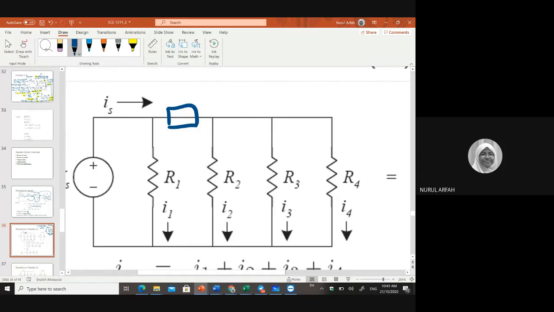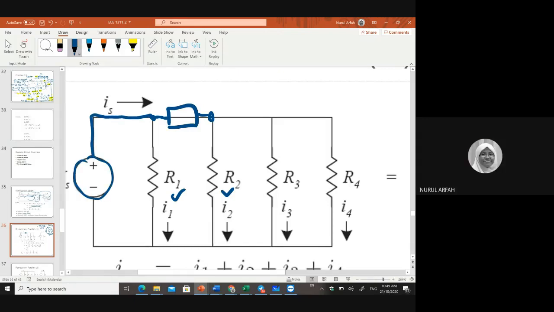Do you think this is series or parallel or what? Are R1 and R2 parallel or not? What do you think? Are they parallel? No. Series. Series? Are you sure this is series? Because you have another one here.